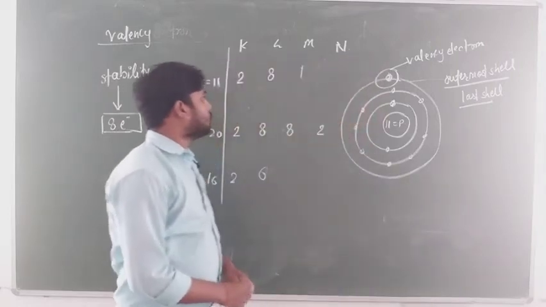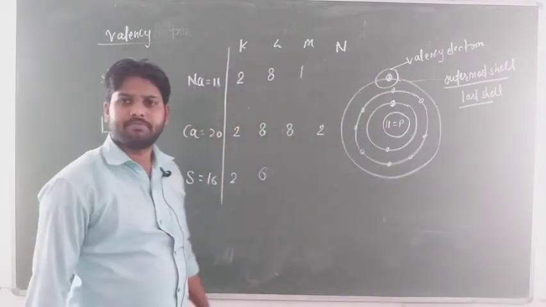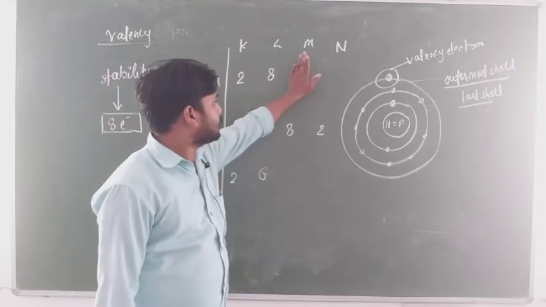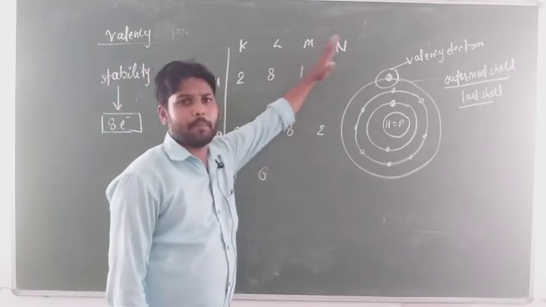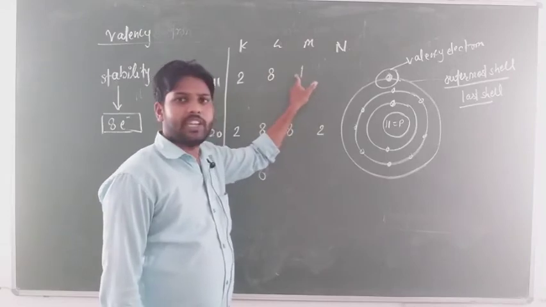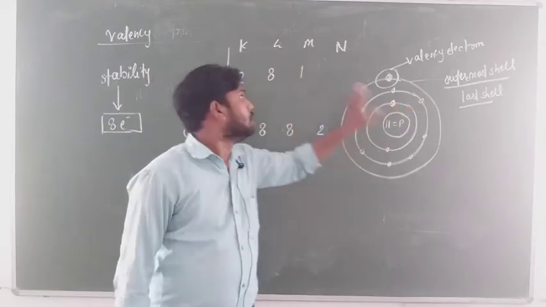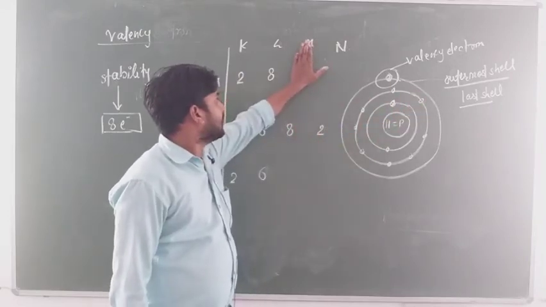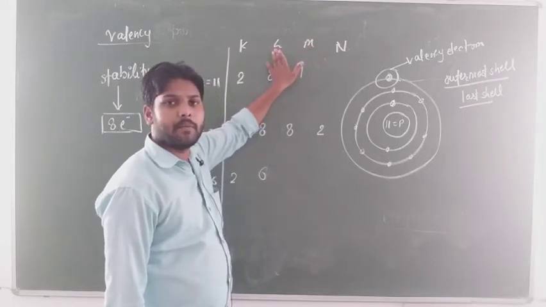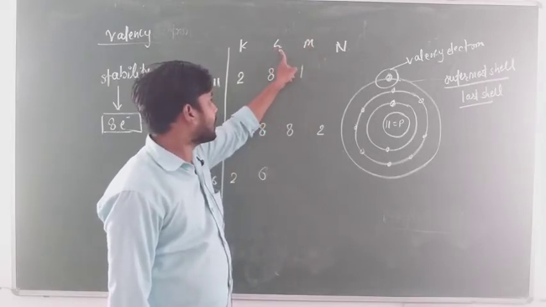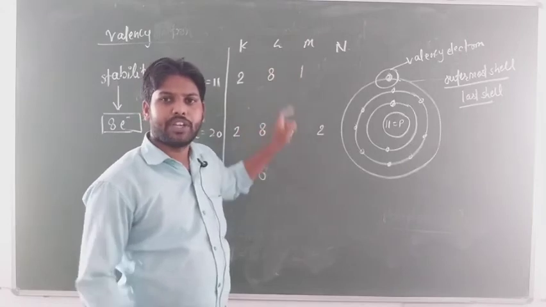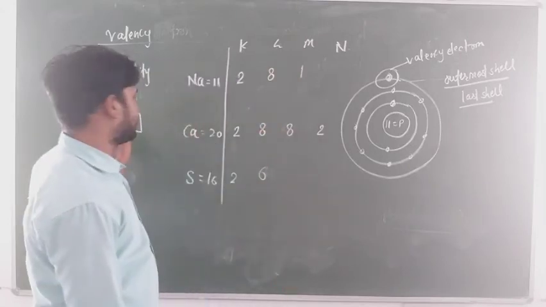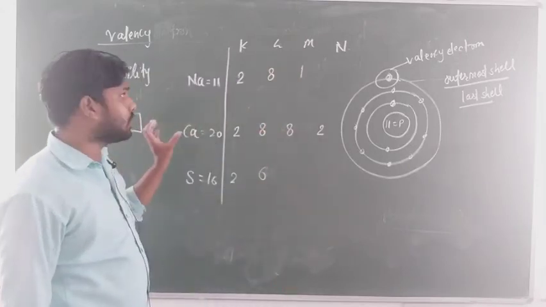Okay, so students, if sodium loses or gives up this 1 electron to another atom, now its last shell becomes the L shell, and this L shell contains 8 electrons. It means it is stable. Clear, children?